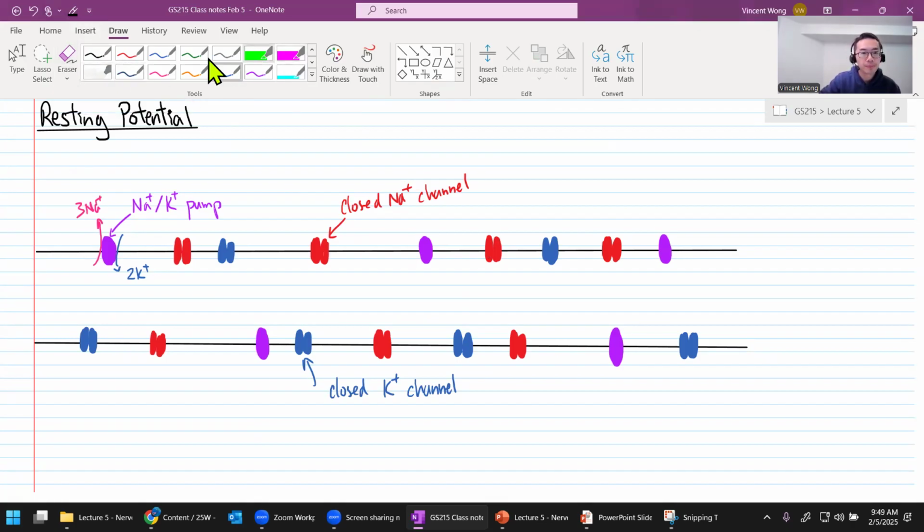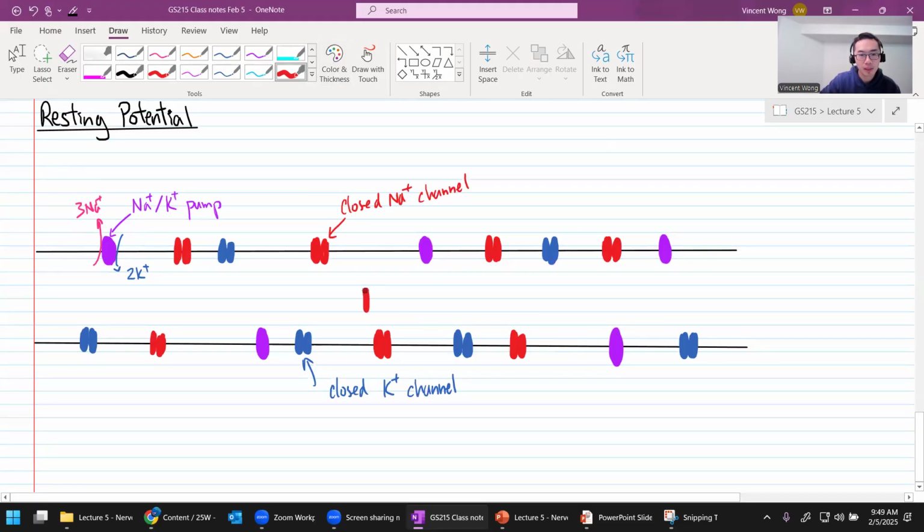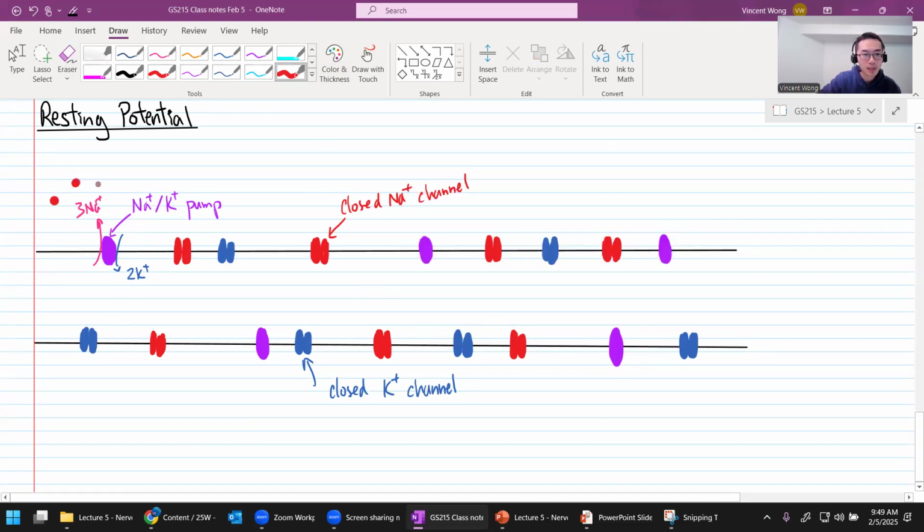And we're going to draw some dots. If you don't have colors with you, you can write the word sodium, but it's a lot of words to write. So if you do have colors, then you just do the dots like this. So sodium outside, more.